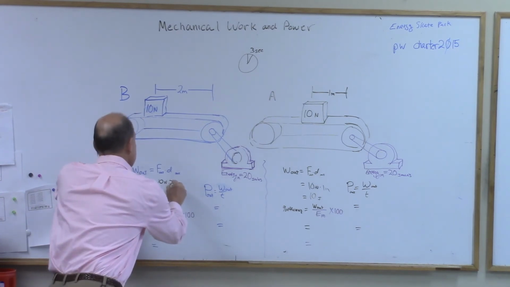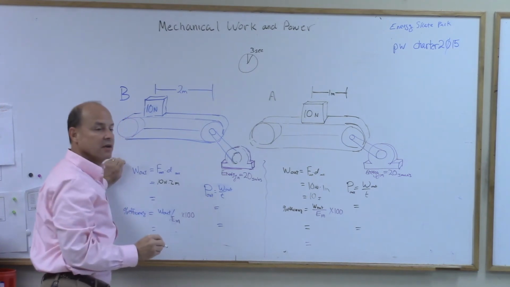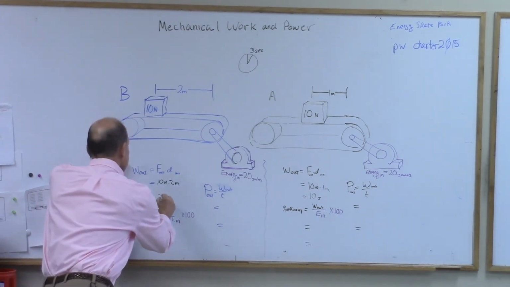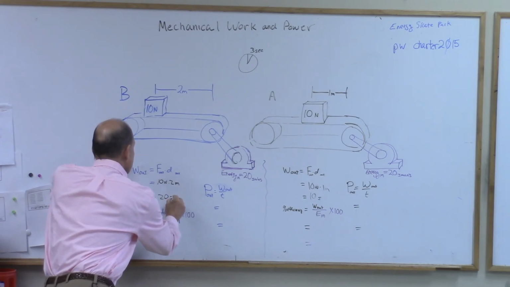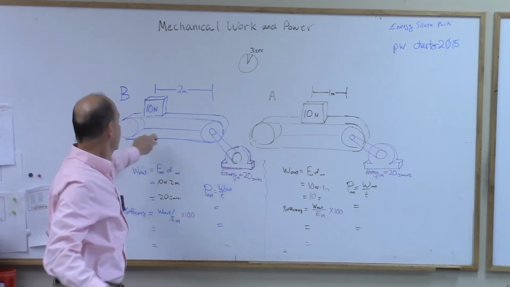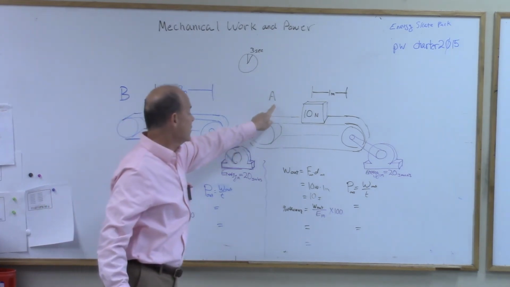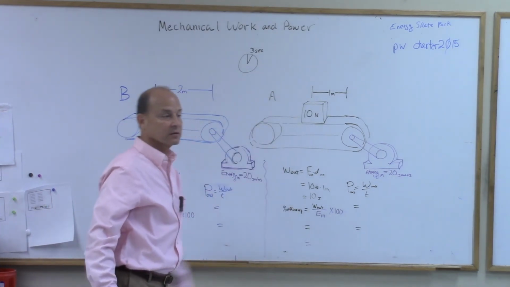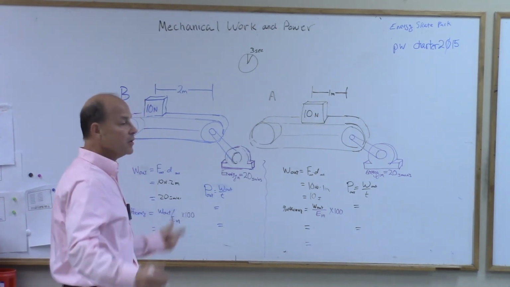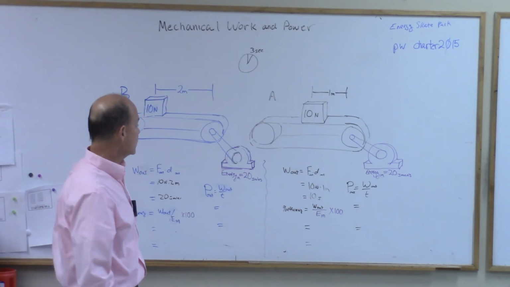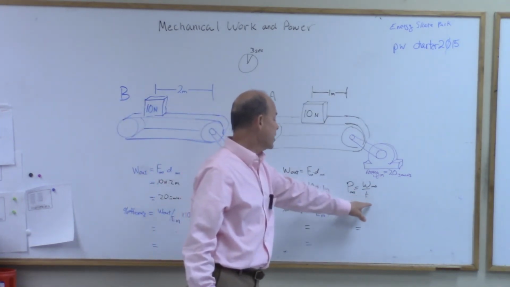So 2 meters times 10 newtons is 20 joules. So this machine, conveyor belt B, is doing 20 joules of work. Conveyor belt A is only doing 10 joules of work. Now, that may be good or bad. It depends on the rate that it's doing the work.